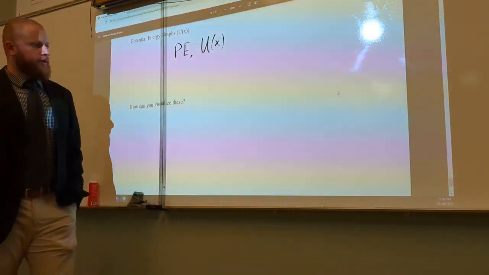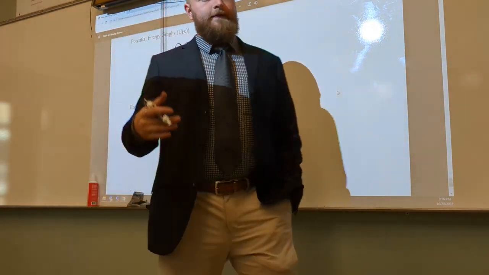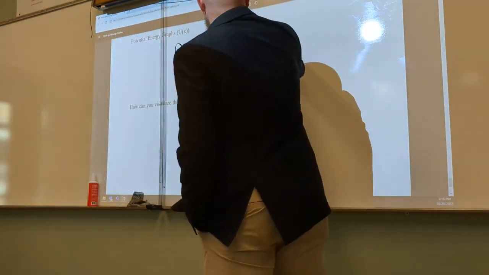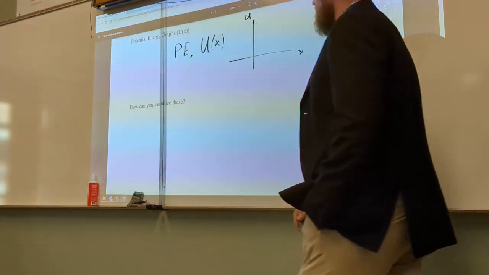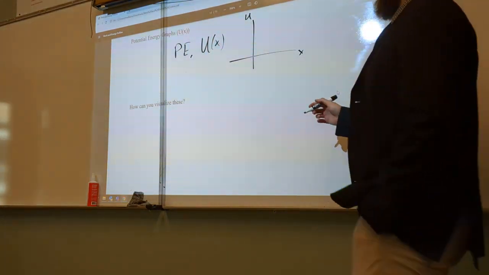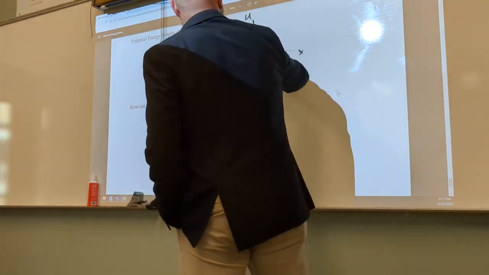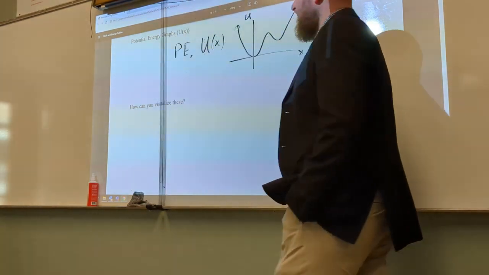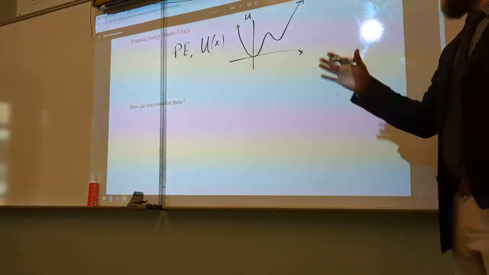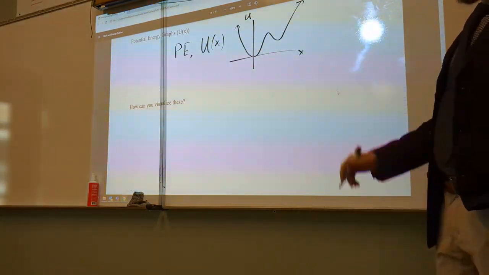Okay? And so a lot of times you'll see a graph of something like U(x), and then there will be some sort of graph here. So maybe it will look like this. They give you this graph of my potential energy and direction.